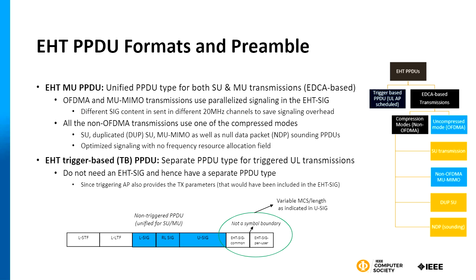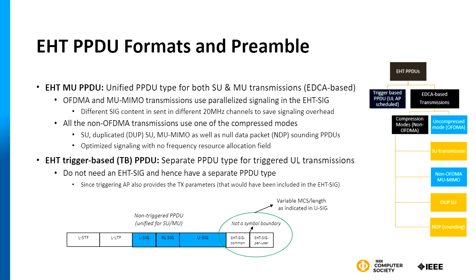And one type is unavoidable, the trigger-based PPDU, since these PPDUs do not need EHT SIG, given that the access point is providing the transmit parameters to the station. And essentially, it added also the flexibility that each EHT SIG portion in the 80 megahertz can also contain different contents, which is traditionally not the case in 11, because we want the stations to always decode in the primary 20 megahertz.